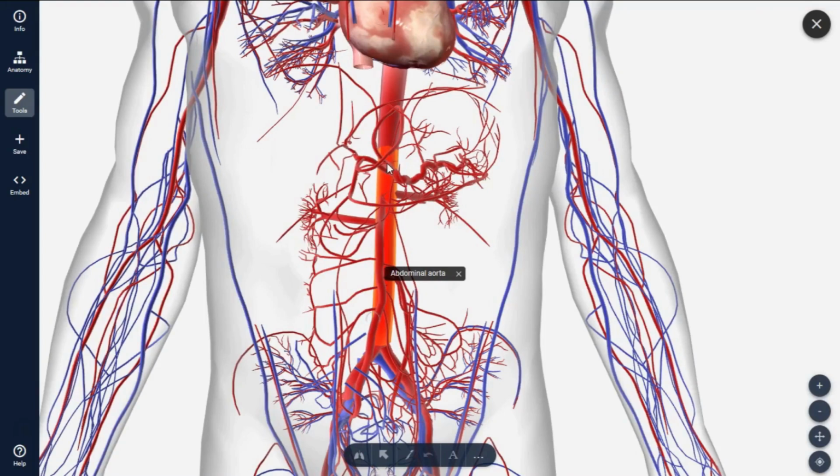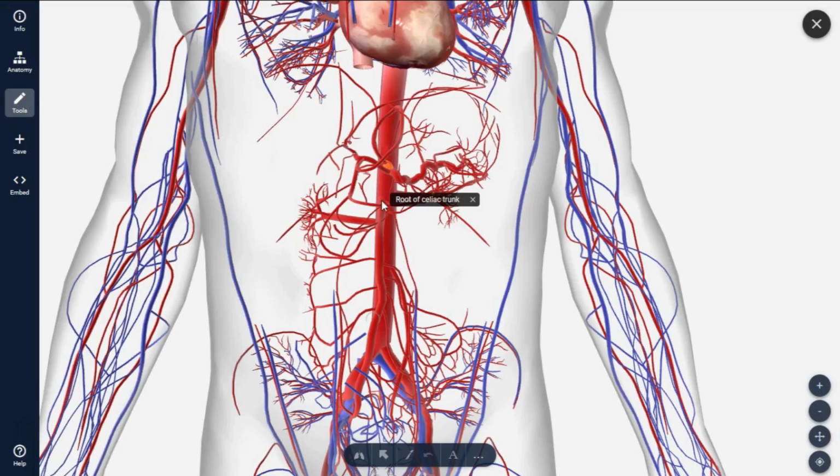One we will call celiac trunk. So this artery is called celiac trunk. Then we will be having the next artery, just below that, which we will call superior mesenteric artery. Celiac trunk will be at the level of L2. As soon as the abdominal aorta is descending below the diaphragm, we will be having the origin of this celiac trunk.